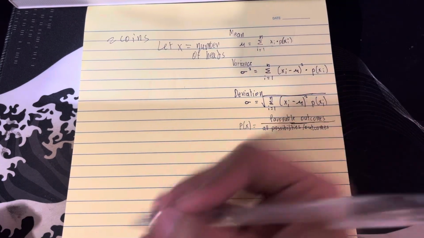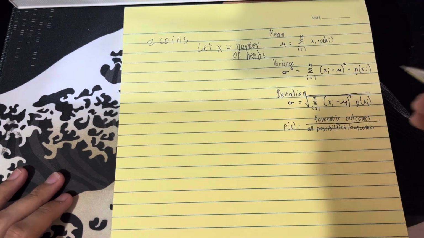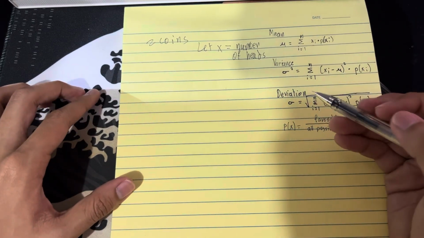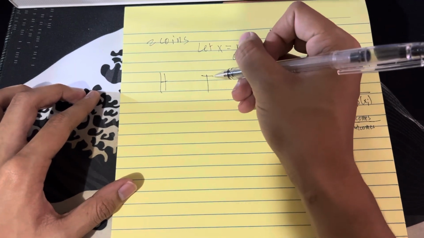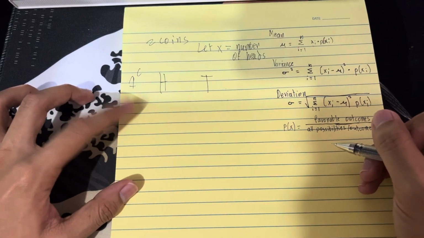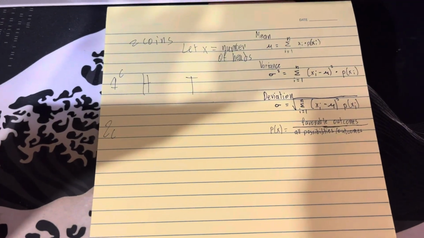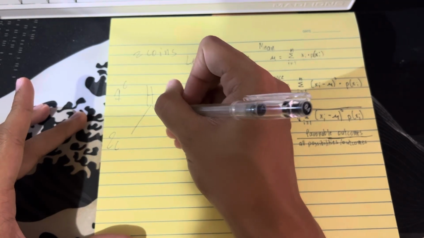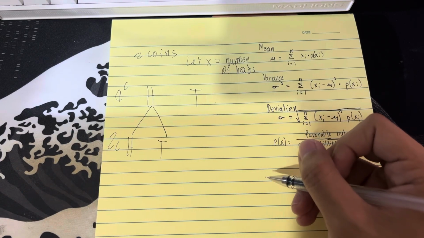So when flipping 2 coins, we already know the possible outcomes. But if you don't, then you can use what's called a tree diagram. We know that 1 coin gives you heads and tails. This is your first coin. Now for your second coin, you can also have heads or tails.